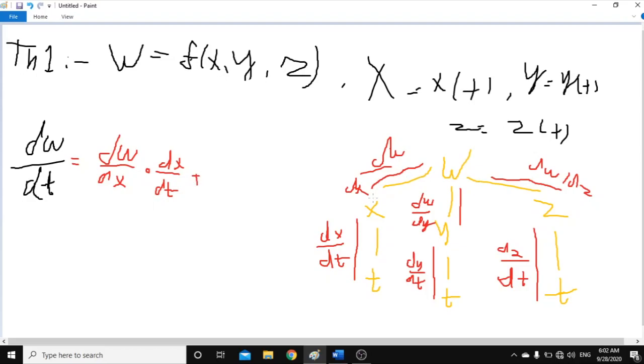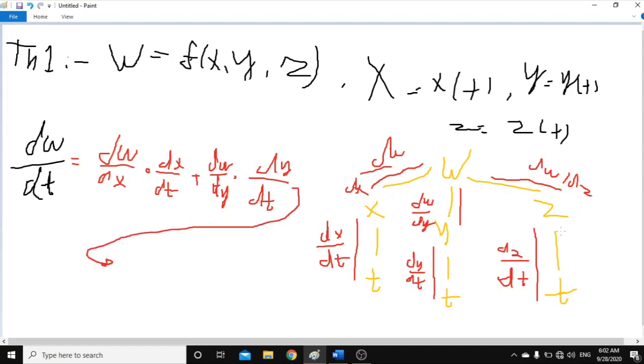Plus, we finished the x way. Let's go to the y way here. So we write dw over dy times dy over dx. Let's continue here.